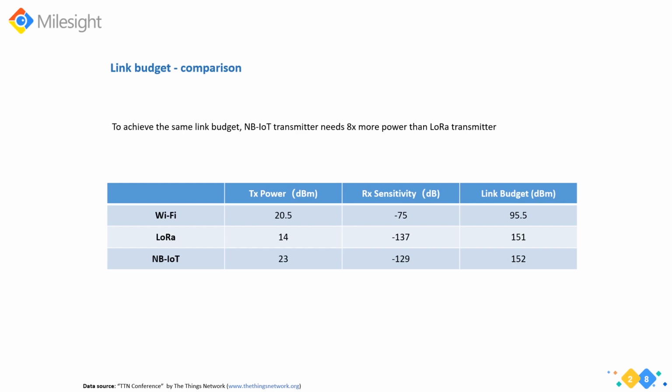In a real deployment, it is 8 times more power for the narrowband IoT. So it means 8 times more power to get the same distance as LoRa. So if you need long distance and smaller energy consumption, LoRa is much better than NB-IoT.